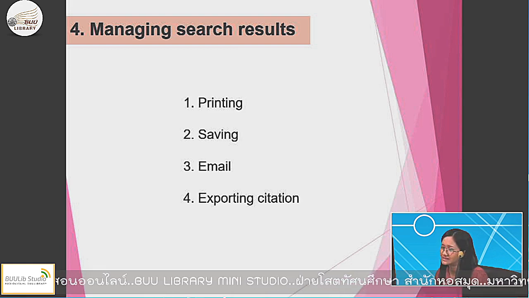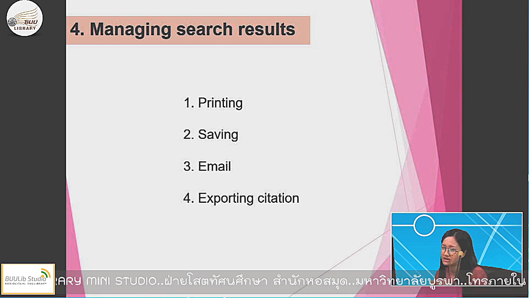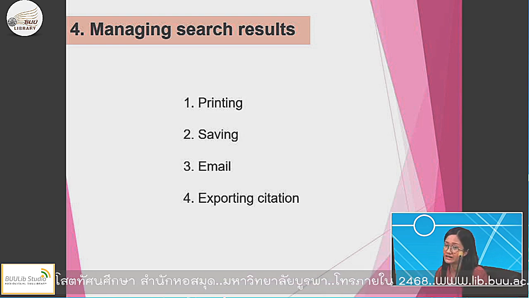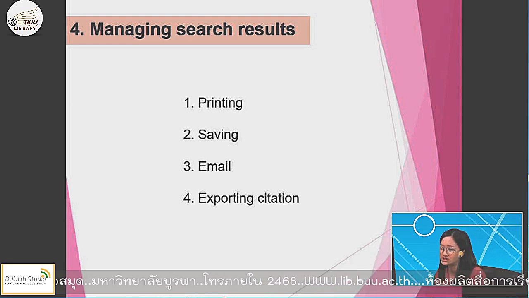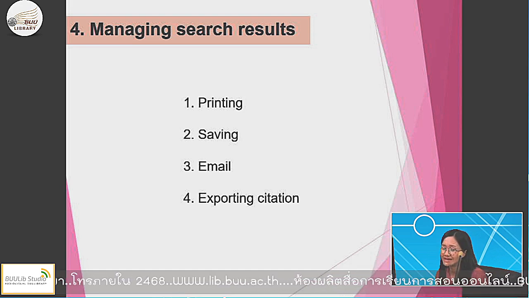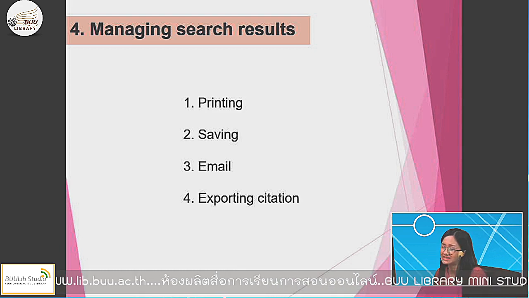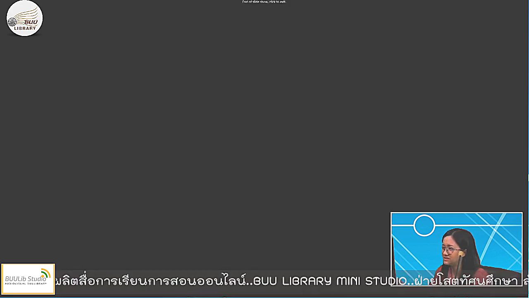That is the export citation. You will learn it in the second session about EndNote, a bibliographic program. It exports the citation, and it makes doing the bibliography easy. It takes not much time and is very useful.